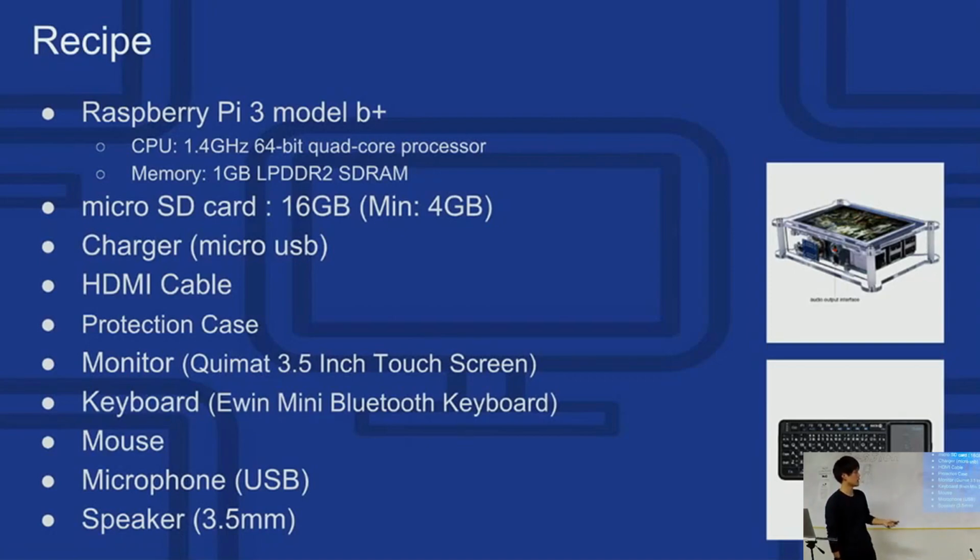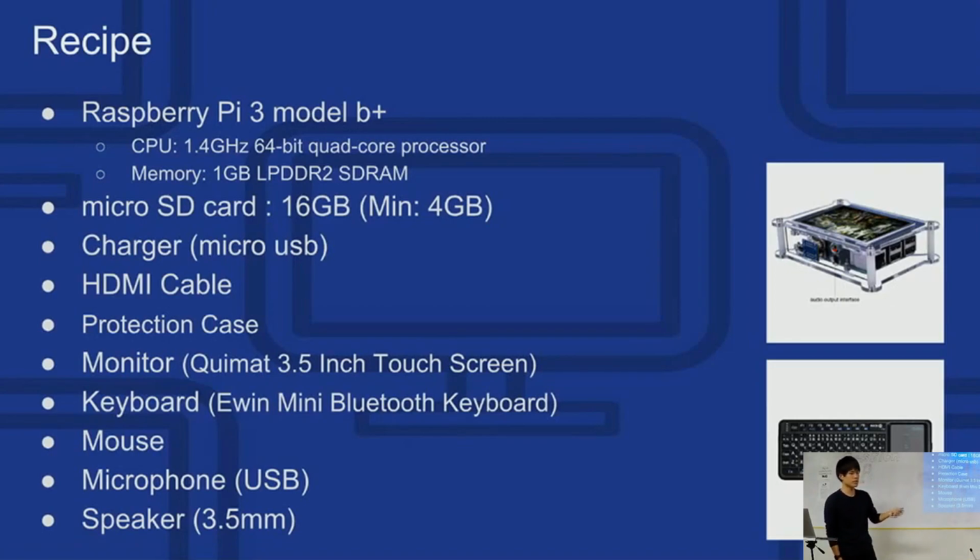For the monitor, you can use any kind of HDMI monitor. But if you want to bring your Raspberry Pi outside, I highly recommend this kind of monitor. It's a monitor, but it's also a protection case.